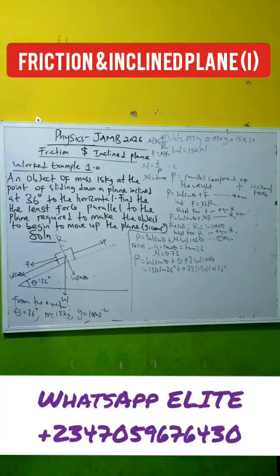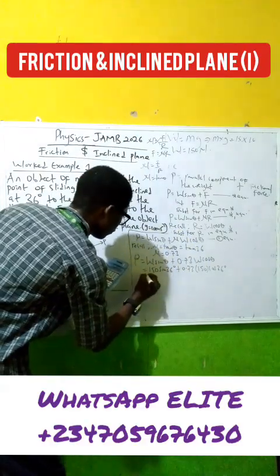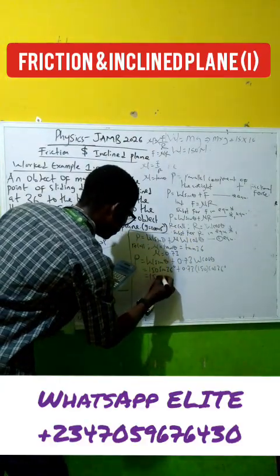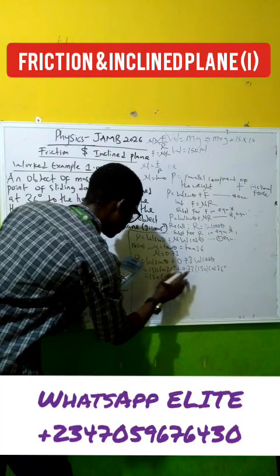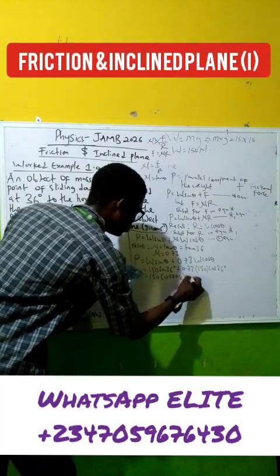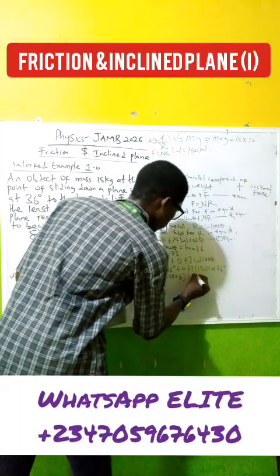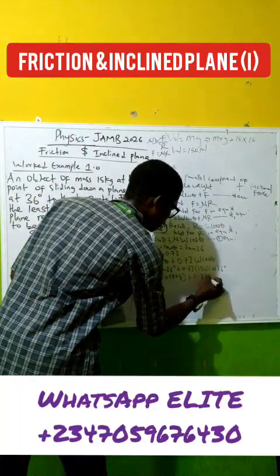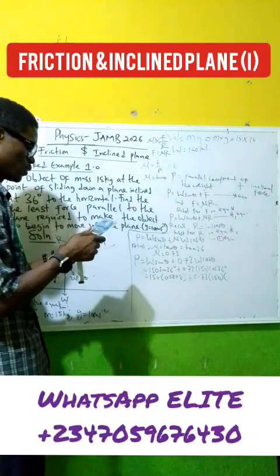We are already plugging in the values we have. So sine 36 is 0.58778.